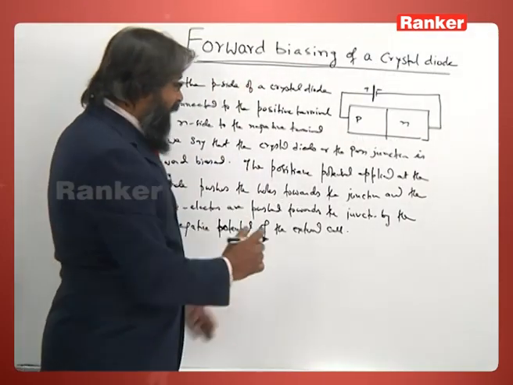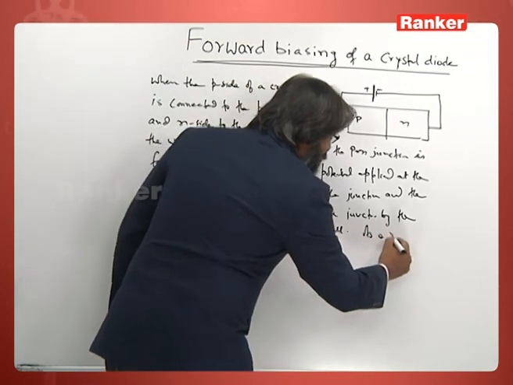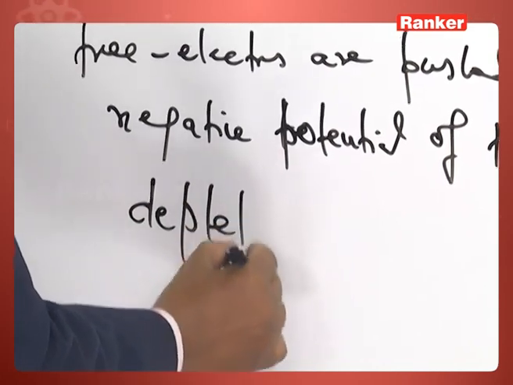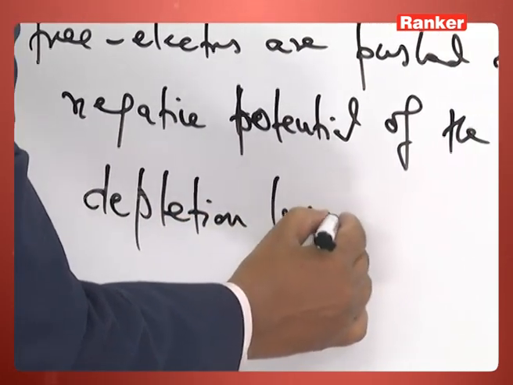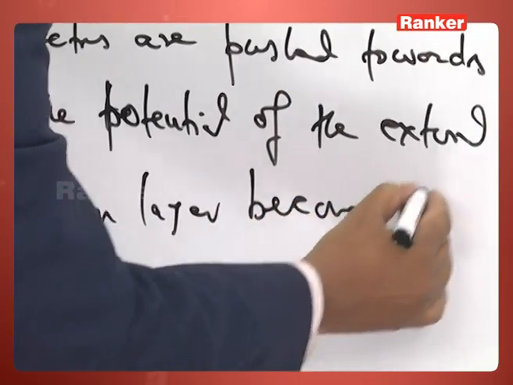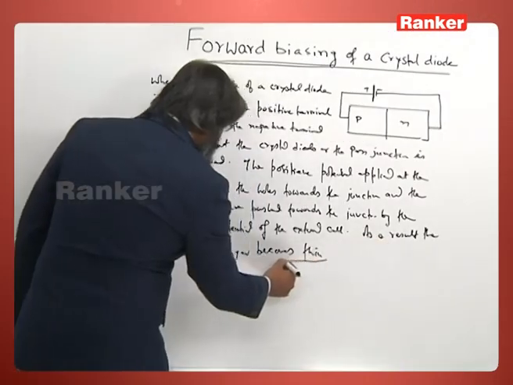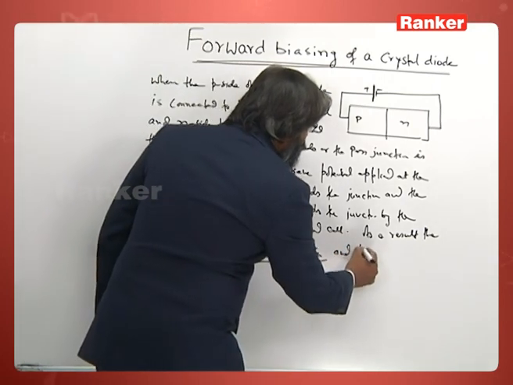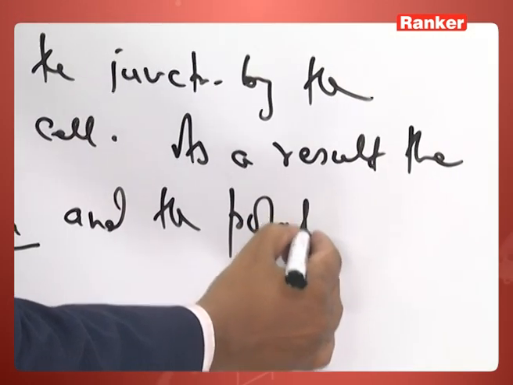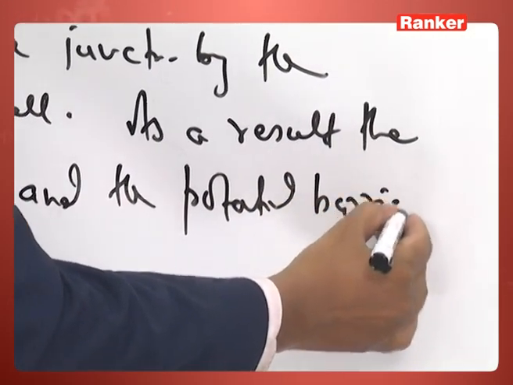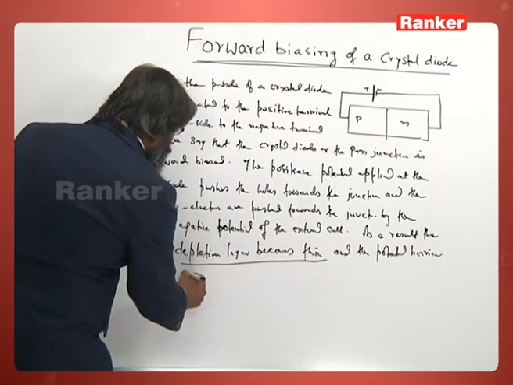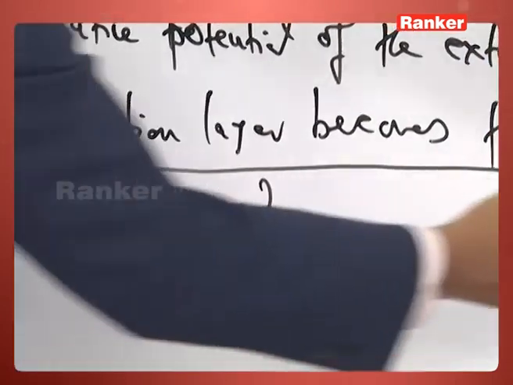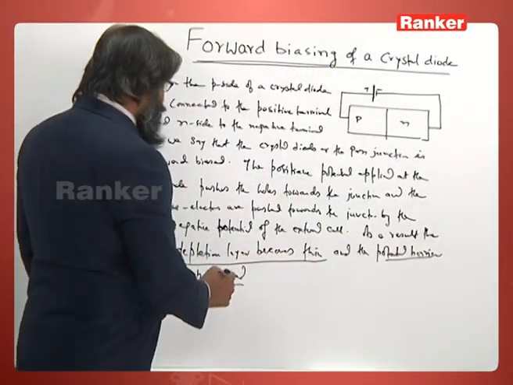So as a result, the depletion layer becomes thin. This is an important point. Depletion layer becomes thin and the potential barrier gets reduced. This also gets reduced. So two important things.